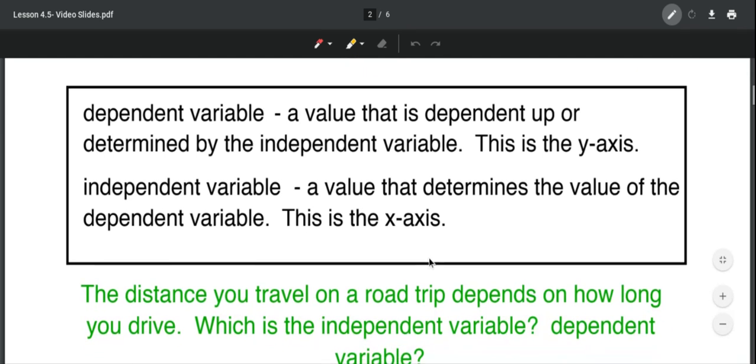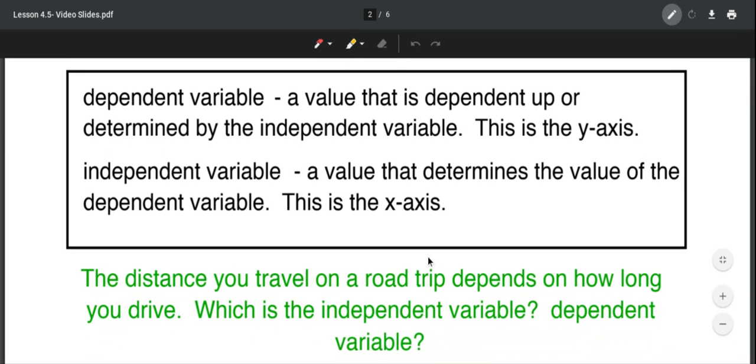So for example, the distance you travel on a road depends on how long you drive. Which is the independent variable and which is the dependent variable?